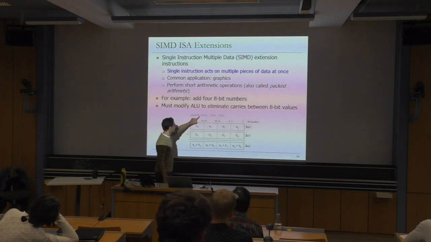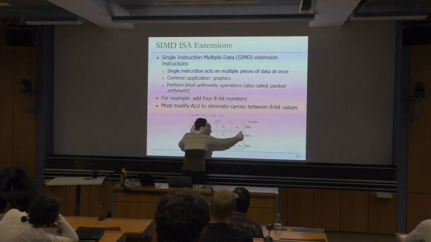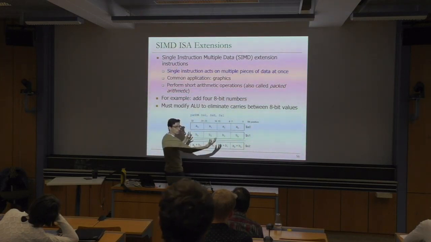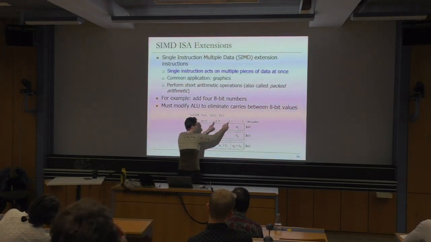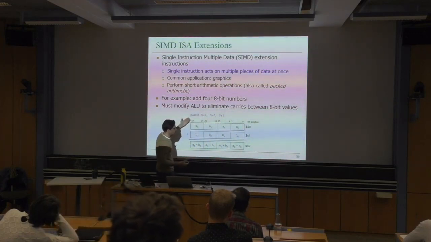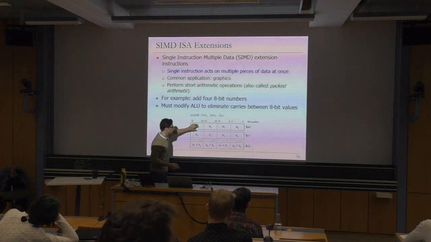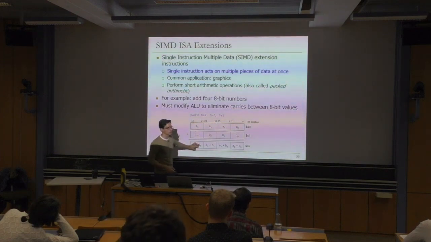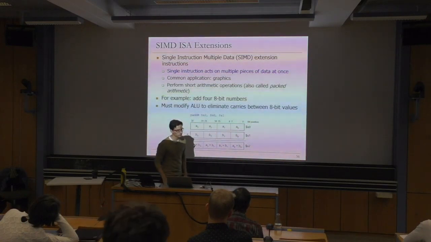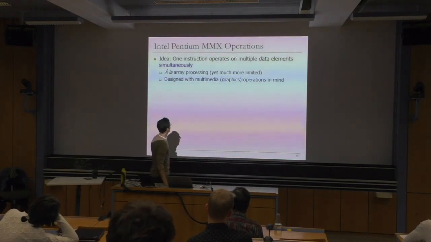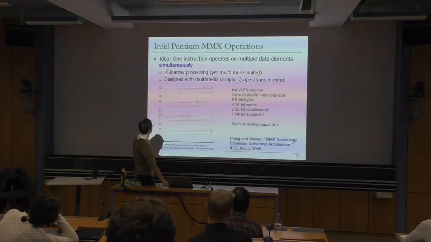Now we can do a packed add 8, which means it's packed because the 4 elements are packed into the same register, it's 8 because we are operating on 8-bit elements, and it is the addition, right? Because we are doing this plus this, and the result is stored in these bits of the register S2. So that's what MMX instructions do.